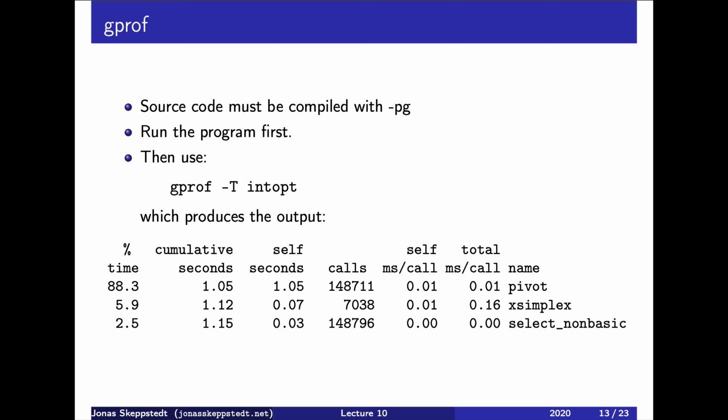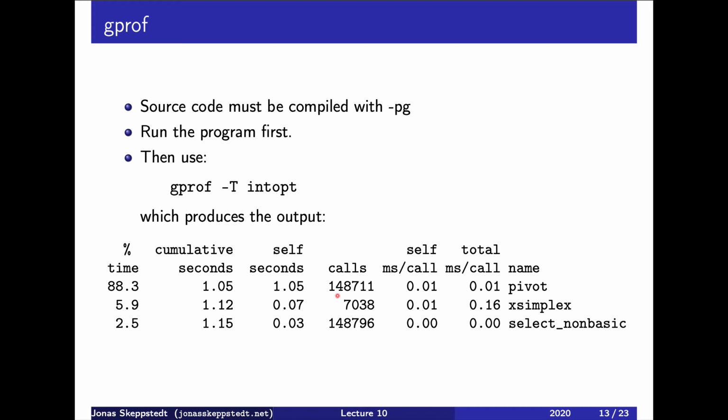Okay, gprof on the other hand counts the number of times each function is called and by which other function. So gprof collects timing information about how much time in a particular function.